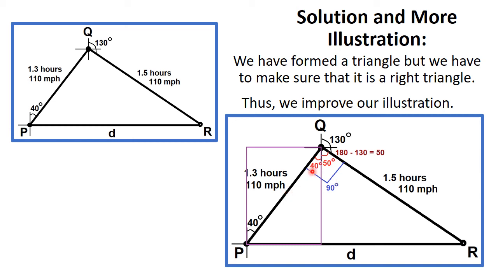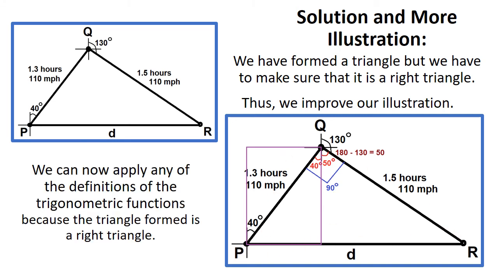So, if we add up 40 and 50 degrees, then we have a sum of 90 degrees, which is a right angle. So, triangle PQR is a right triangle. And we can now apply any of the definitions of the trigonometric functions because the triangle formed is a right triangle.